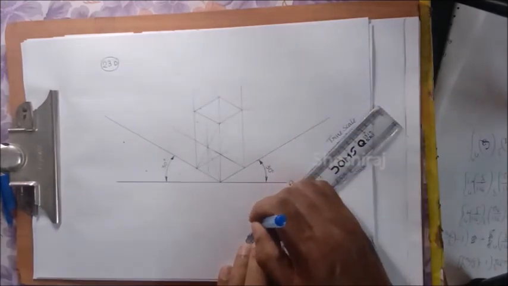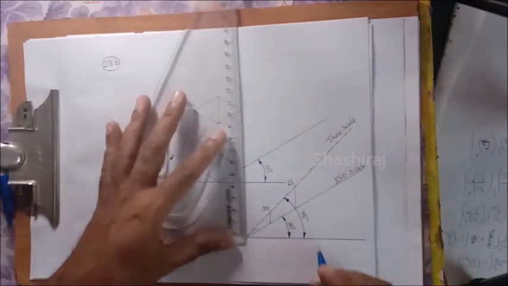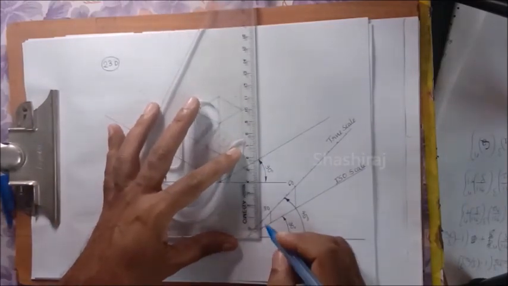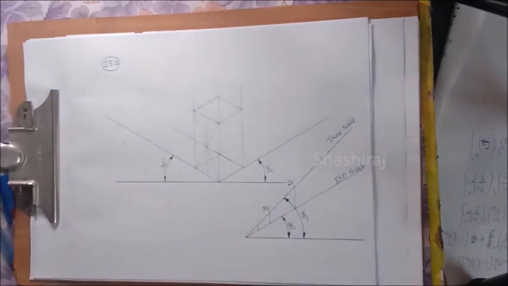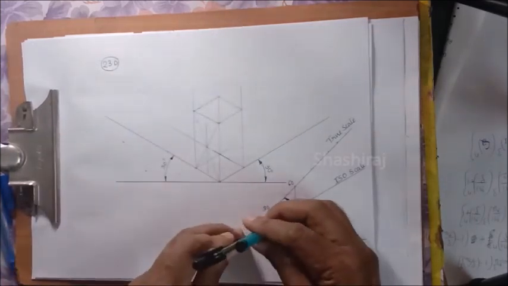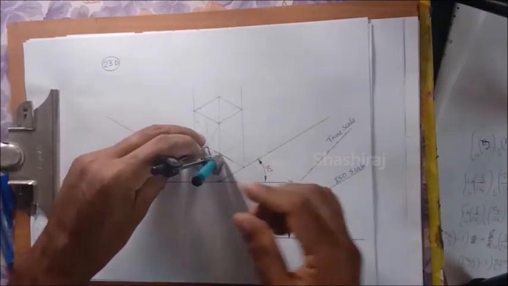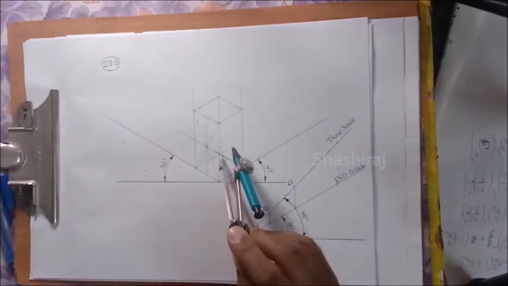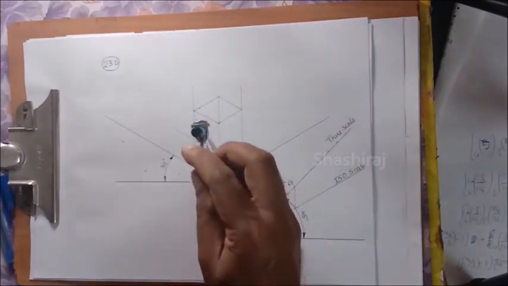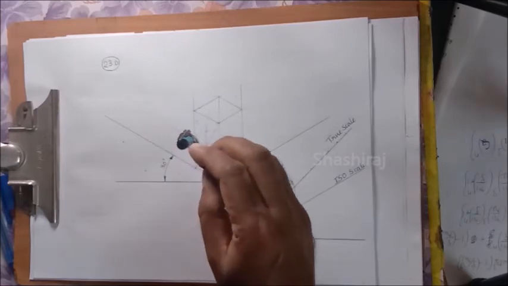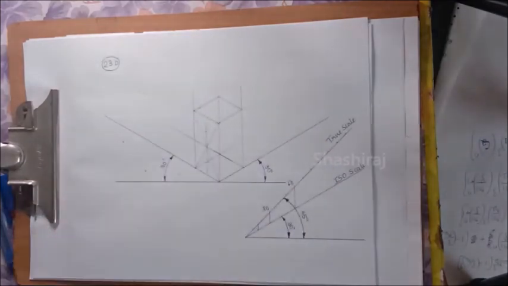ISO 15 will come somewhere here and draw a vertical line there. Vertical line, and get the ISO 15 distance here and mark it on either side. So automatically it should come on this point itself, and here also it should be this point, and vertically I need to get this point and a point here.